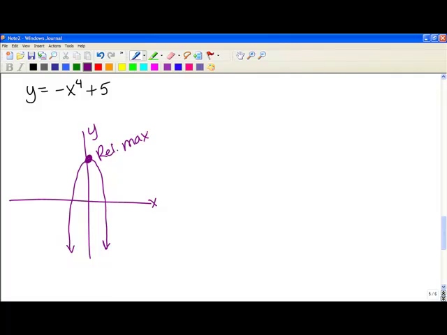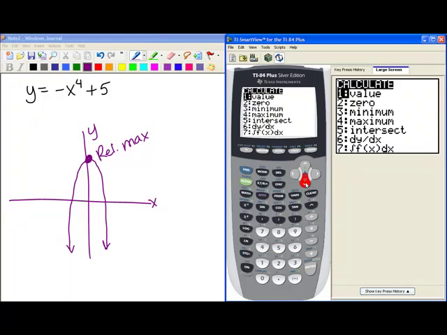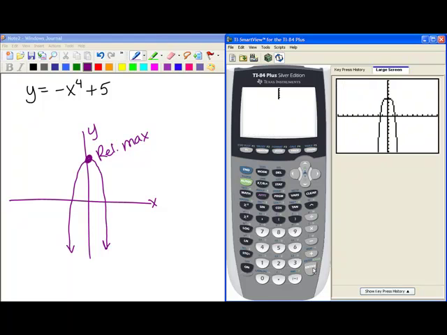Alright, so let's figure out what the values are. So I'm going to press second, calculate, and go down and choose number 4, maximum. And we have to do the same thing. A left bound, a right bound, and a guess.